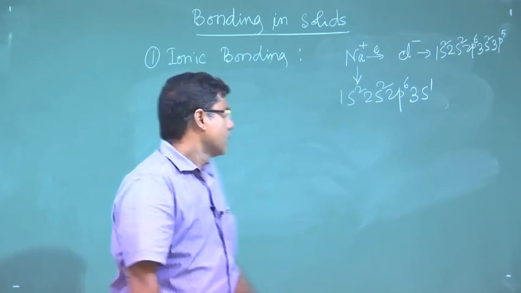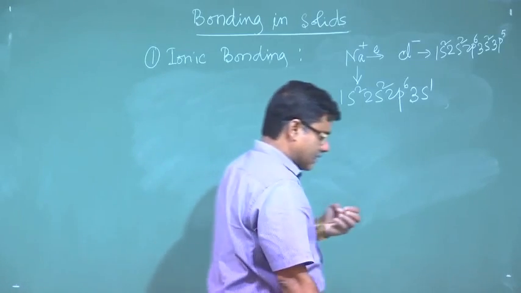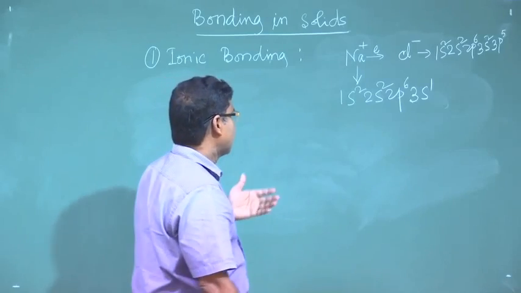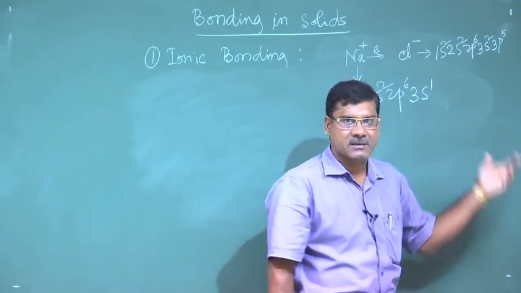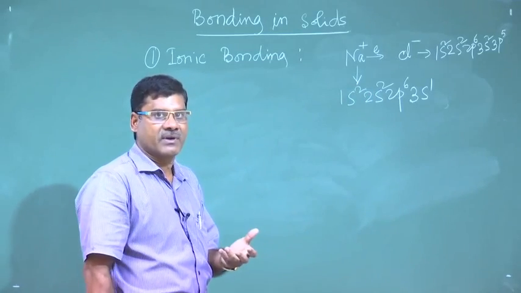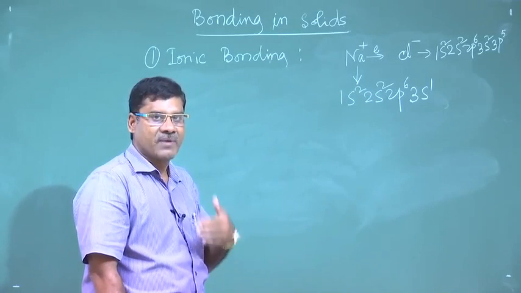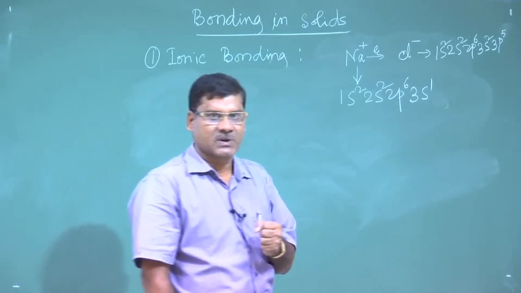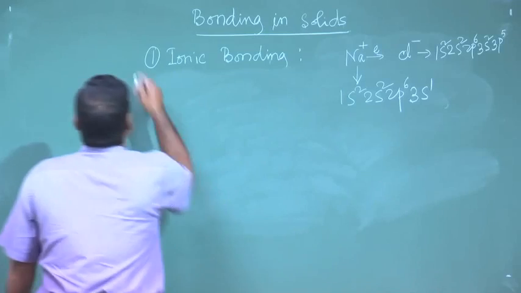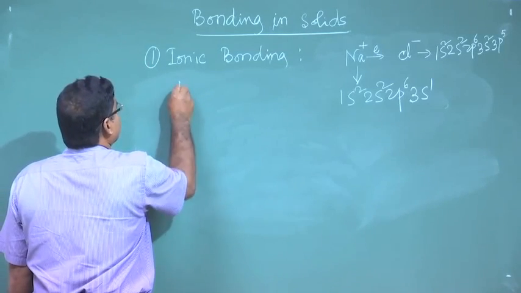You know that the electronic configuration of an inert gas is the preferable, stable configuration. There is no valence electron, all are core electrons.